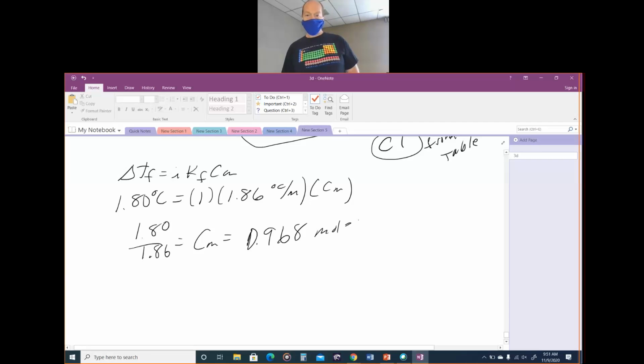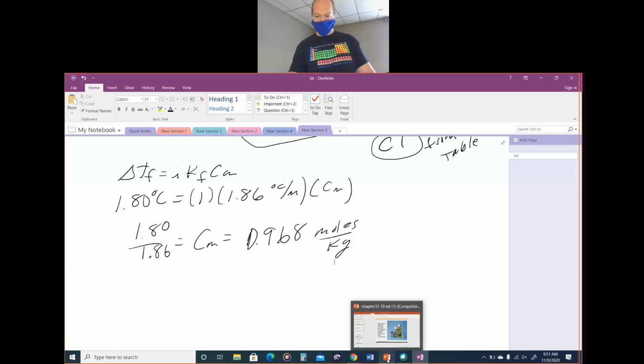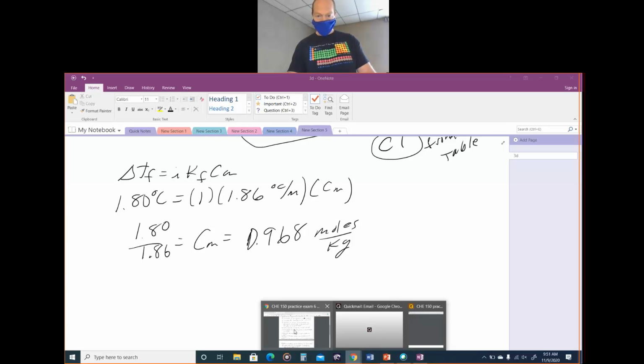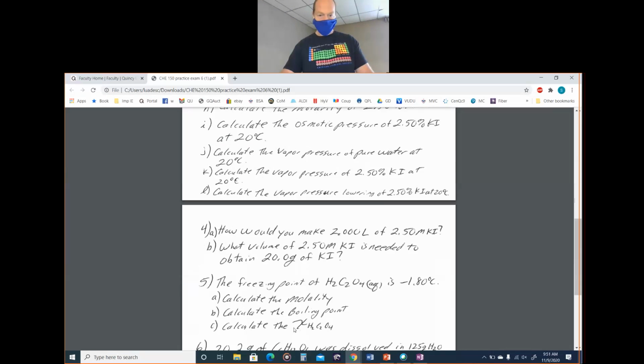All right, so that's moles per kilogram. So that was part A.